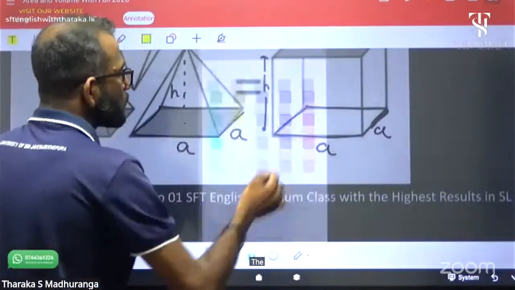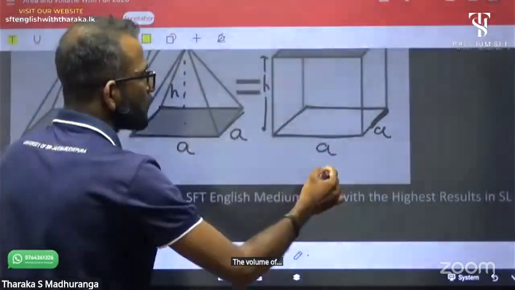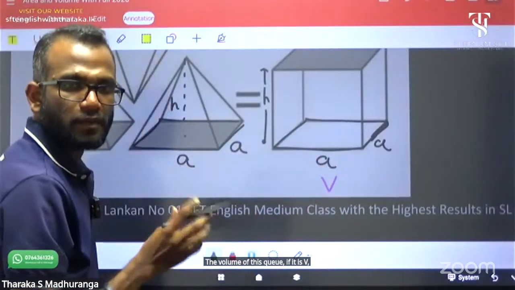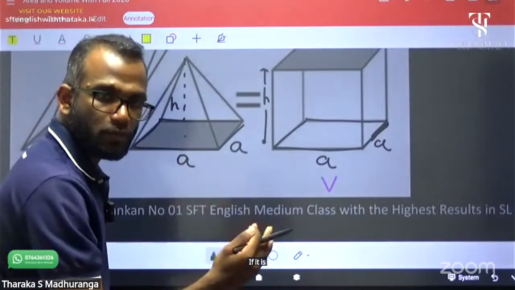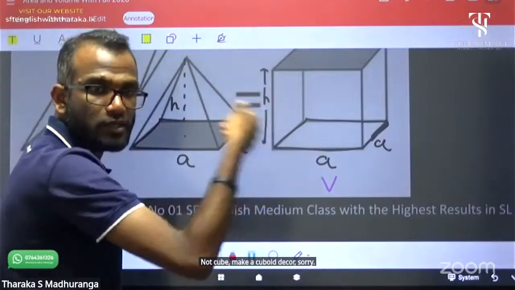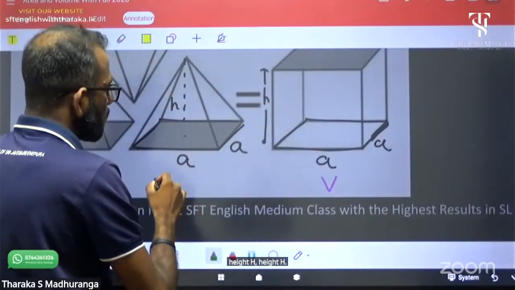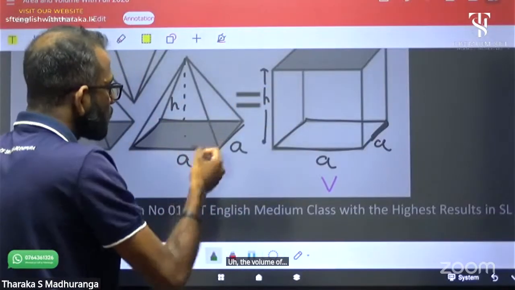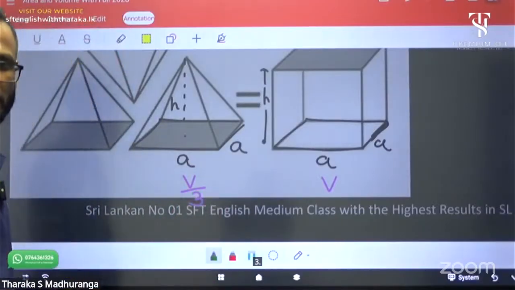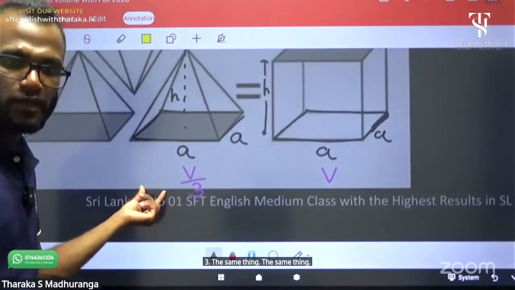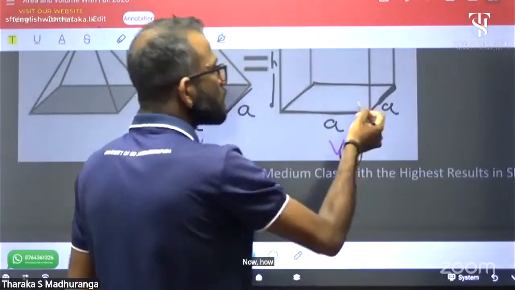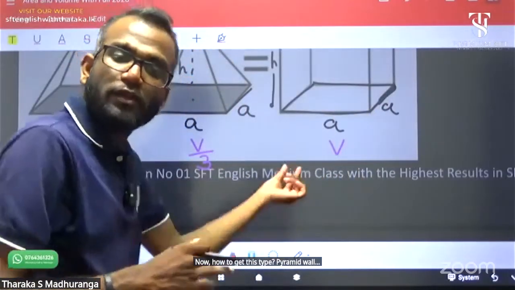The volume of the cuboid with height h, if it is V, then the volume of the pyramid is V over 3. The same thing. Now, how to get the cuboid volume?